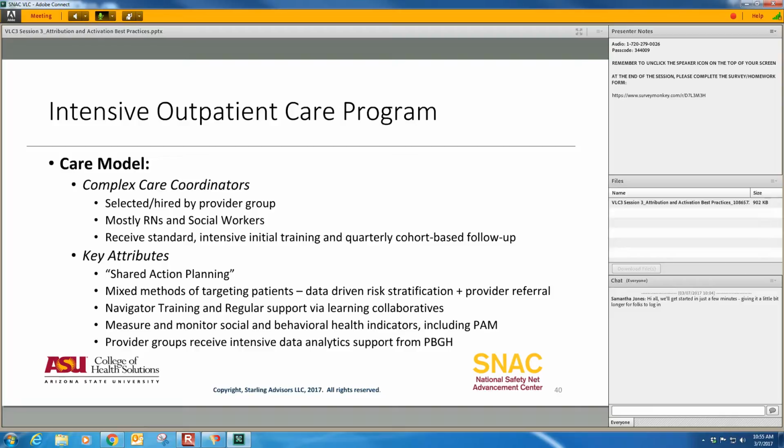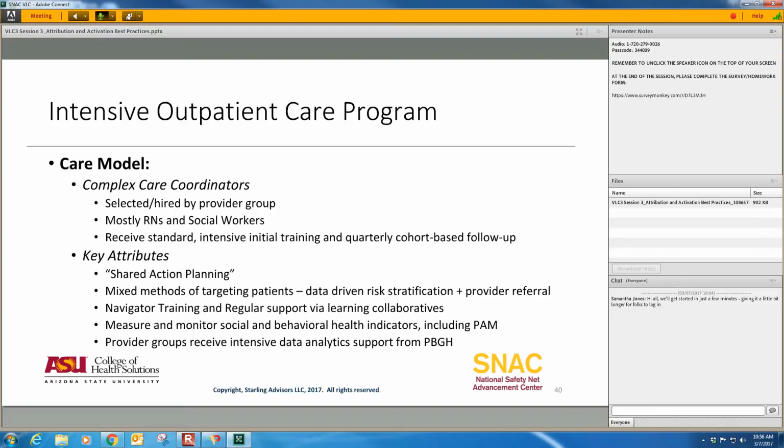And their care model had a couple of points. It was a model that could be tweaked. It had flexibility in how it was implemented in a provider setting, but they had identified some core concepts that were important to remain consistent.